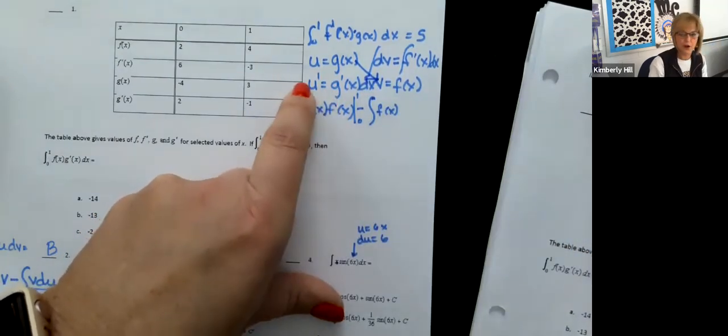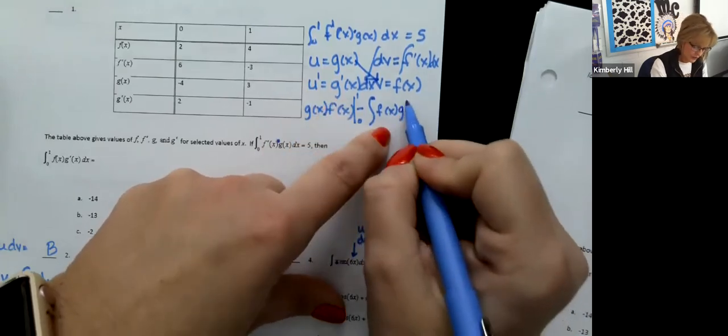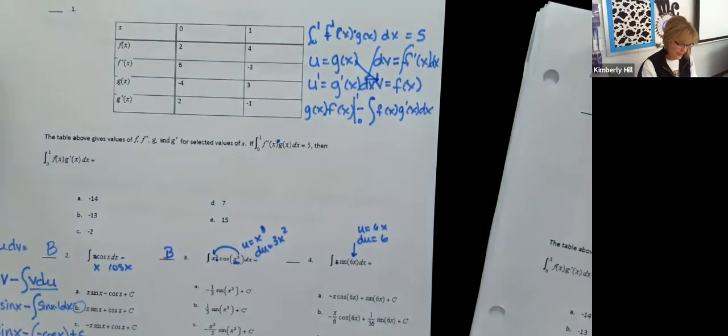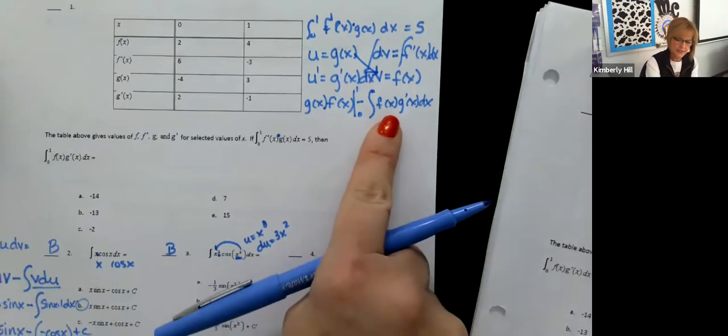I wrote it as u prime instead of du, so g prime of x dx. Now that looks like it didn't help me a whole lot because this part didn't get any easier.